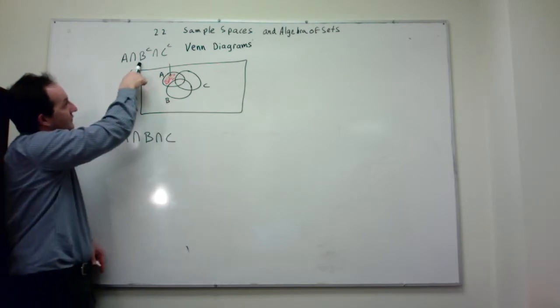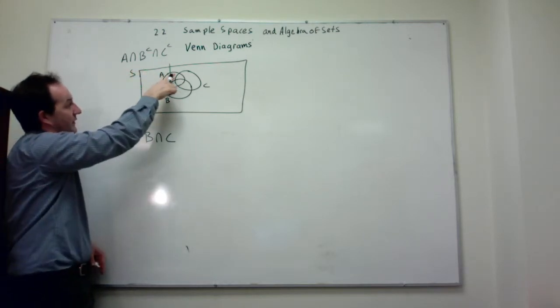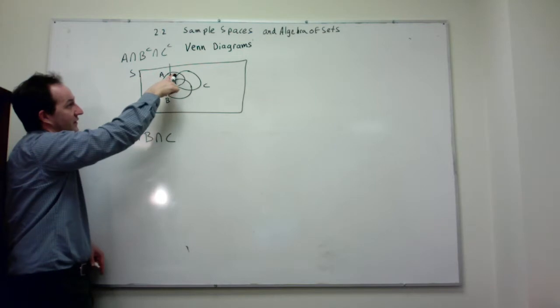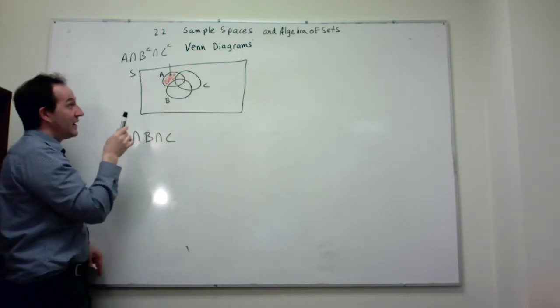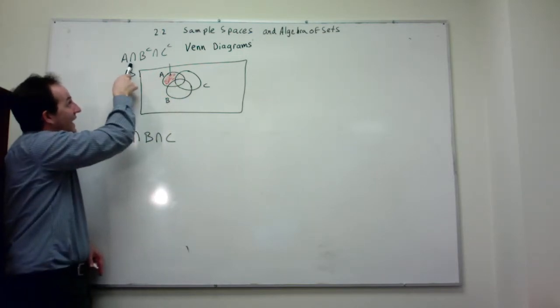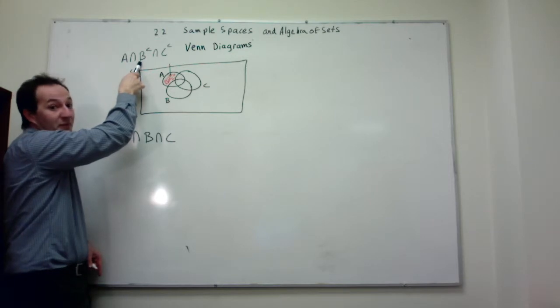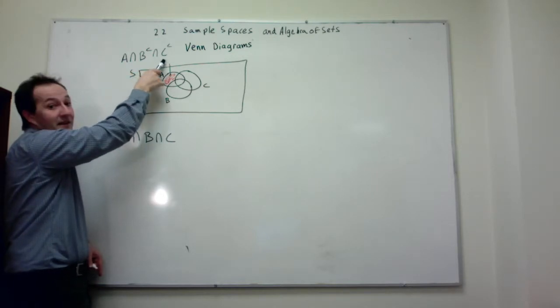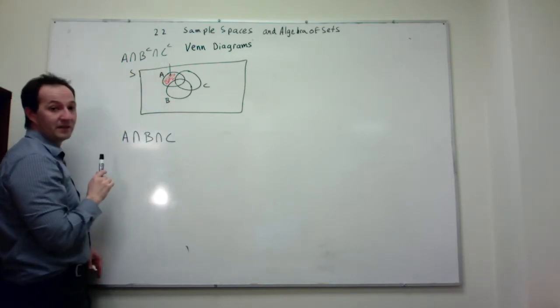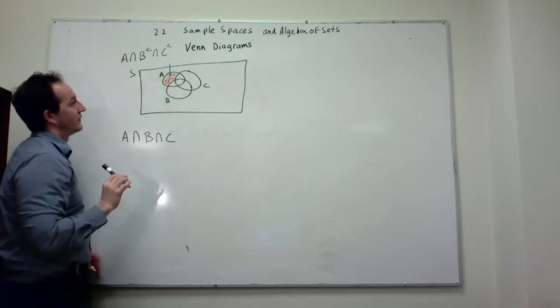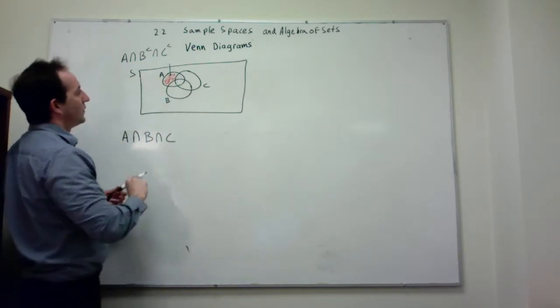So A intersection B complement intersection C complement is going to give us just this piece right here. So this is saying things that are in A and not in B and not in C, which refers to this.